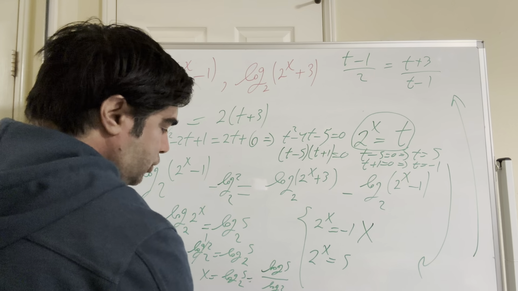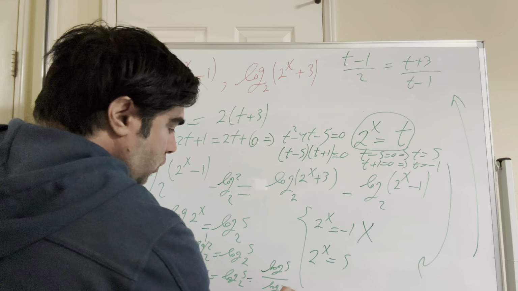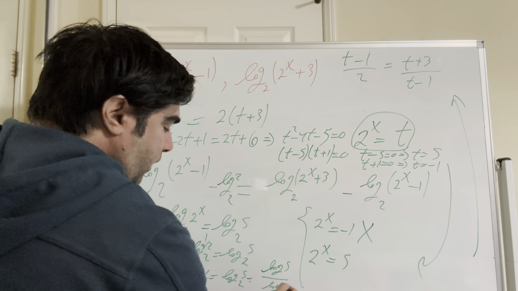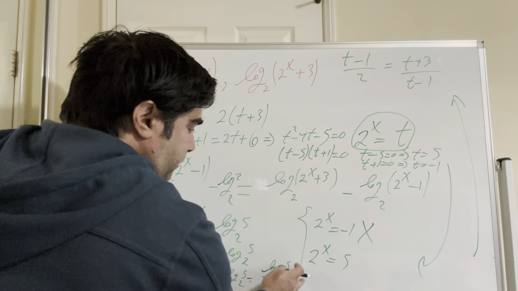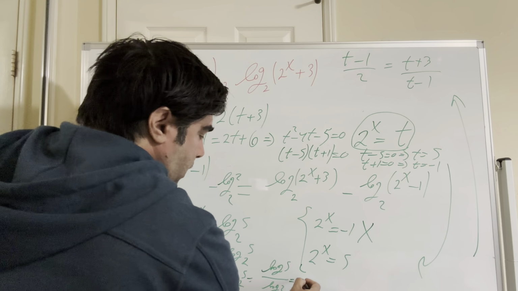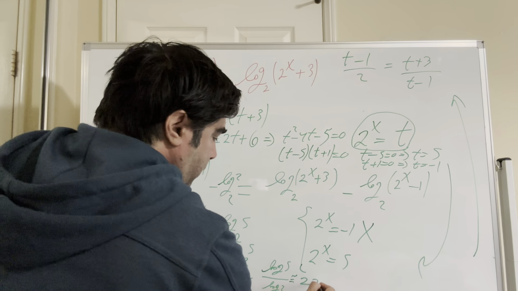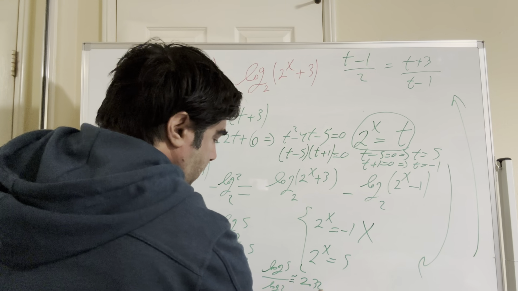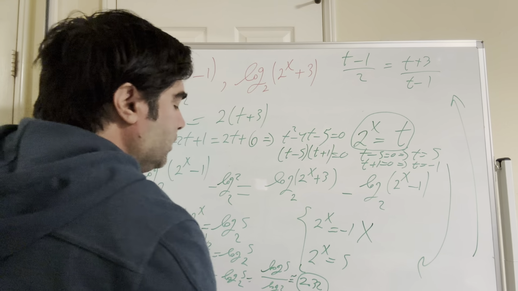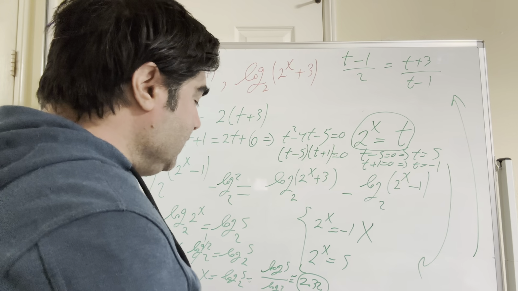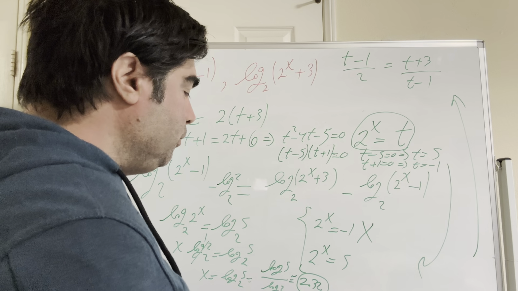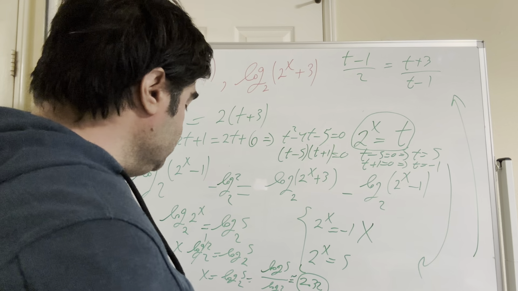That's how mathematicians want it to be. So log of 5 divided by log of 2, you use a calculator, and this becomes approximately 2.32. How do I know that? I already calculated it with the calculator. So it's going to be 2.32. That's the solution for x.